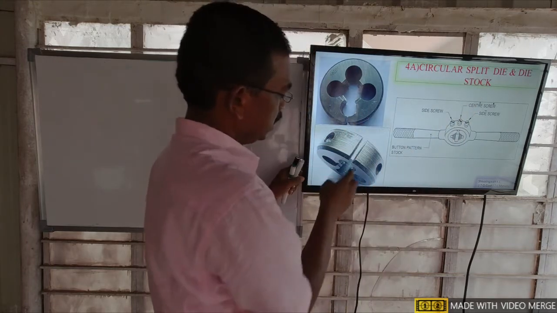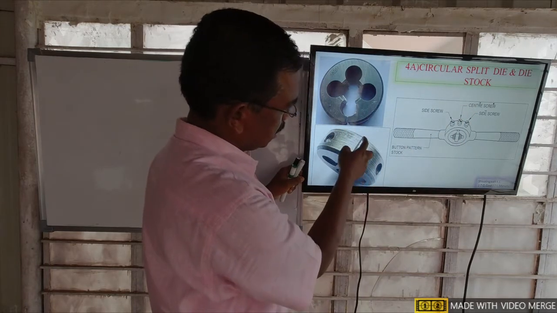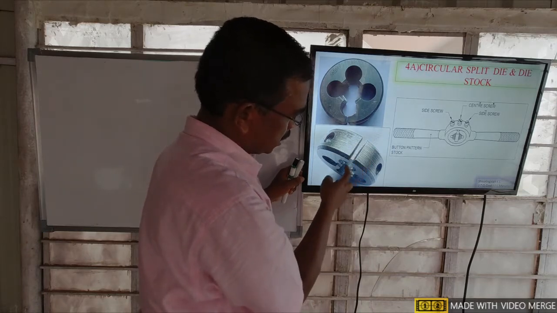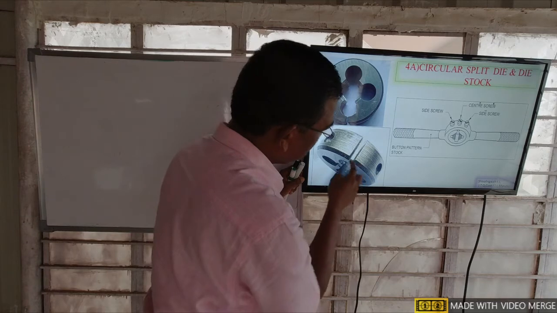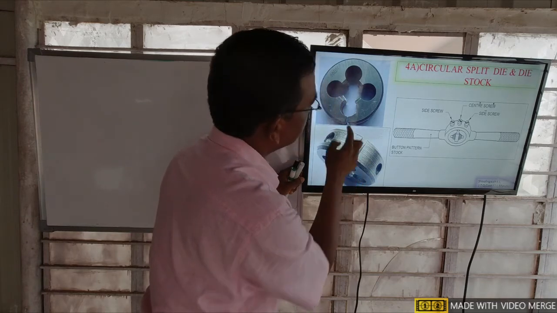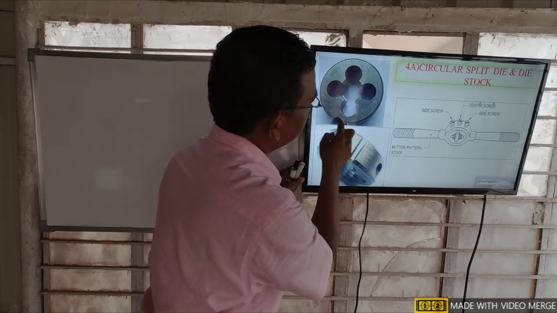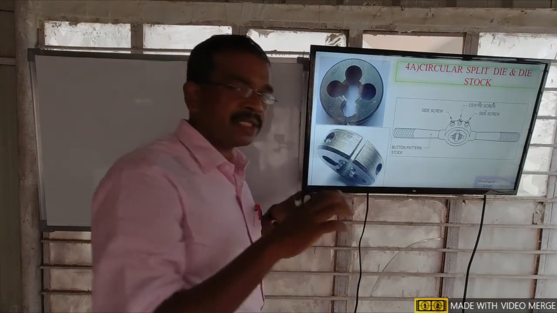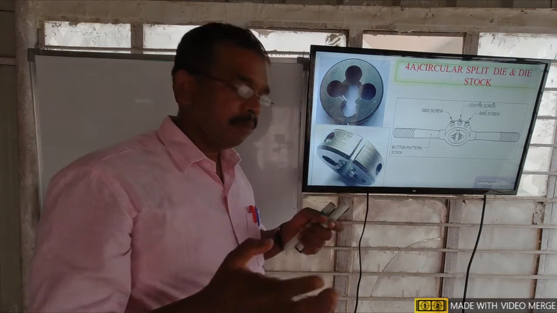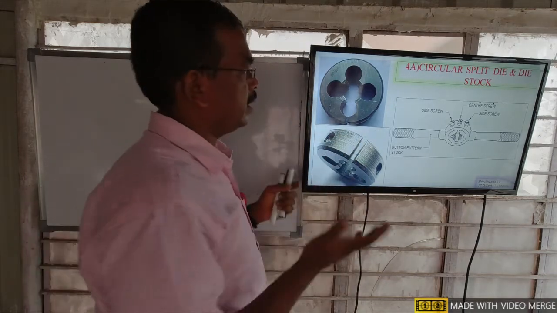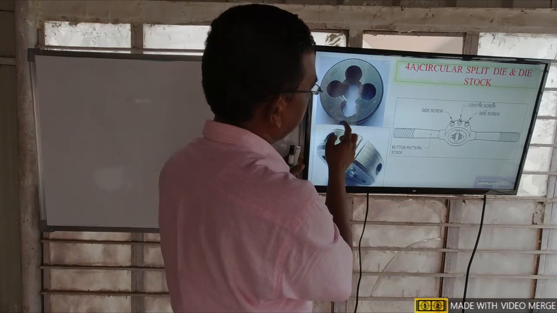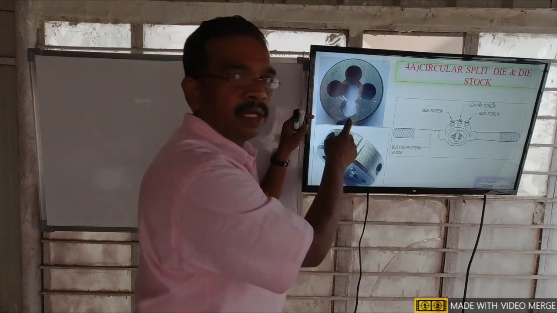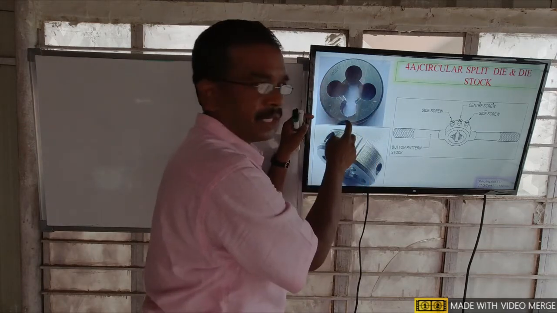Split means, see here, this die is slit or cut along this. So when we open the die here, then it will become split. Splitting means dividing. So here it is split. Therefore this die is called circular split die.